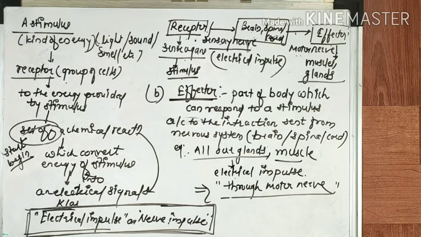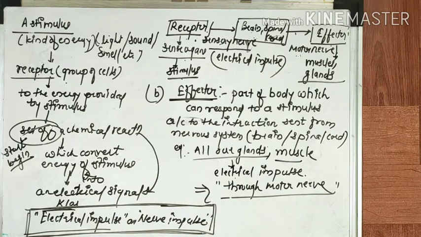So the effectors are nothing but the muscles and glands which respond to the information of the brain and spinal cord through the motor nerves. All our muscles and glands respond in the form of electrical impulse, right? So these are known as effectors.